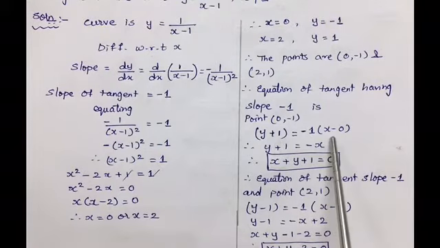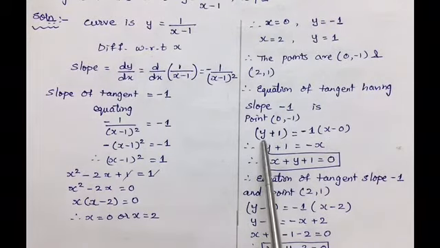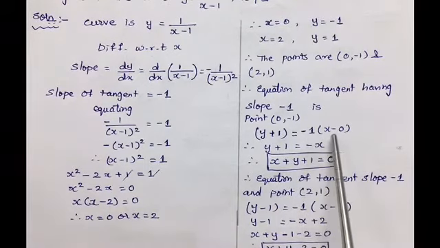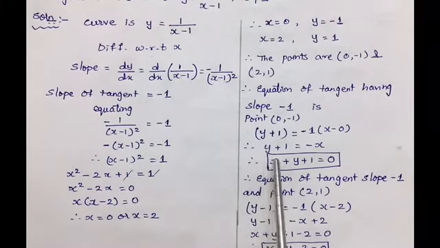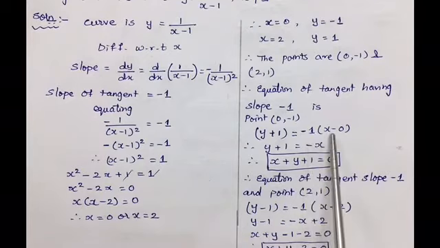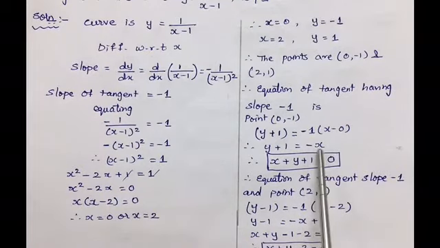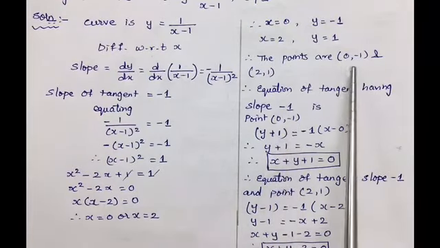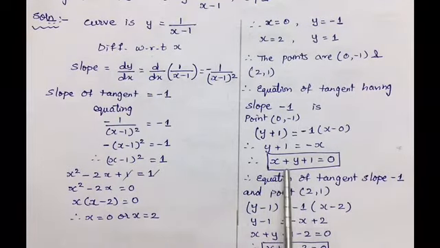So keeping at their places here, we get y plus 1 equal to the value of slope, minus 1, times x minus 0. Now y plus 1 remains as it is. Expanding this bracket, we get minus x. Shifting minus x other side, we get the equation of line as x plus y plus 1 equal to 0. So this is by taking the point (0, -1), we got the equation of tangent.